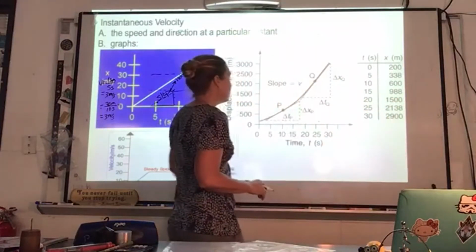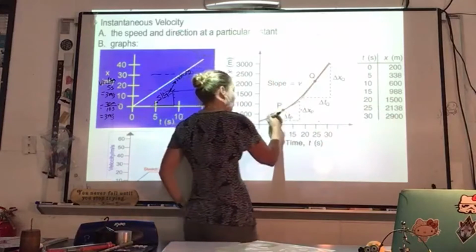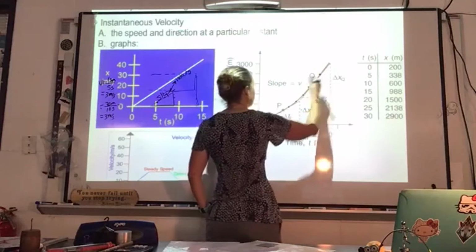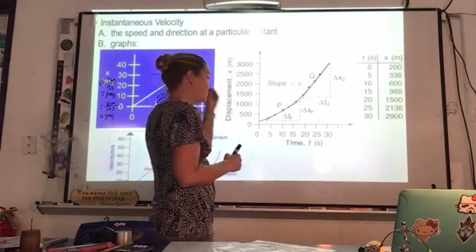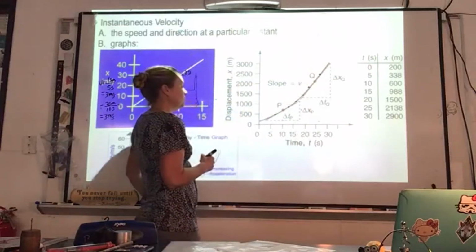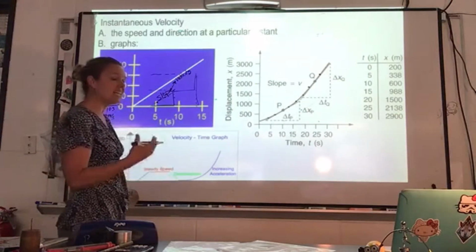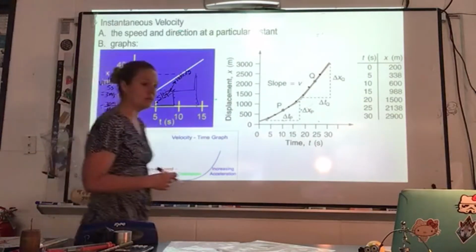All of these points here, where you'd find the slope of those, would be different velocities. So we definitely see that our instantaneous velocity at a particular time is not the average velocity.